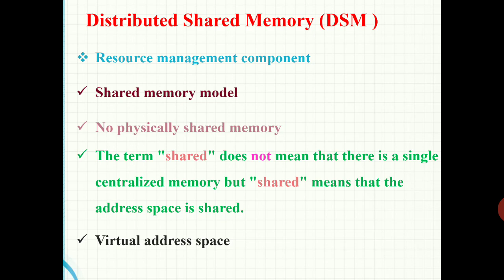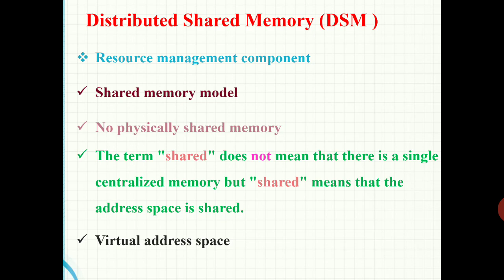That is, the distributed shared memory system provides an abstraction for sharing data between processes that do not share physical memory. That is about the definition of the distributed shared memory. The processes access a single shared memory, but in fact the memory is not physical memory, it is distributed. It is a form of memory architecture where the physically separated memory can be addressed as a logically shared address space.